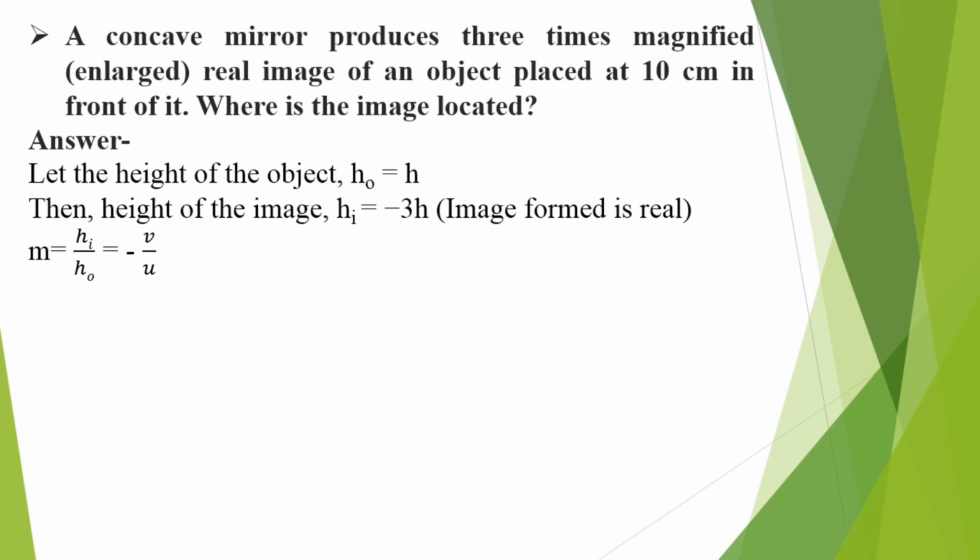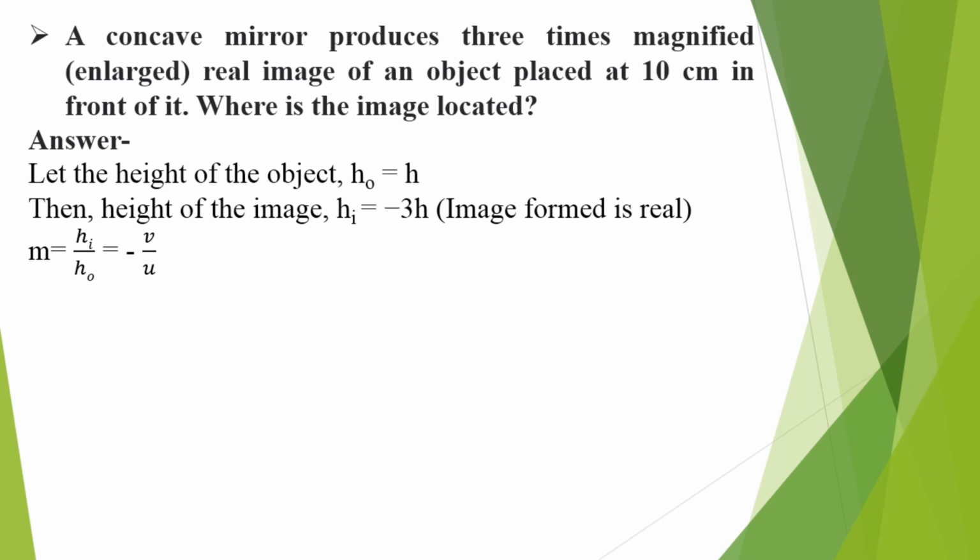It is clearly mentioned that it produces 3 times magnified real image of the object. That means hi, that is the height of the image, we can consider as minus 3h. Why is it minus? Real image. So the real image is always an inverted image. So the height of the image is minus 3h.